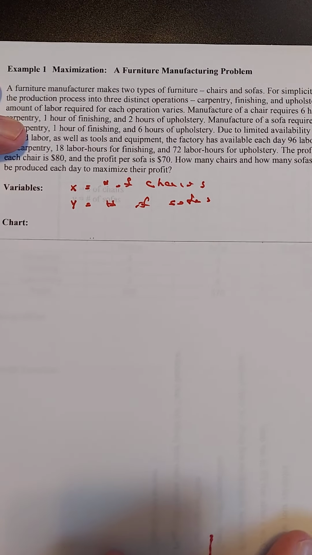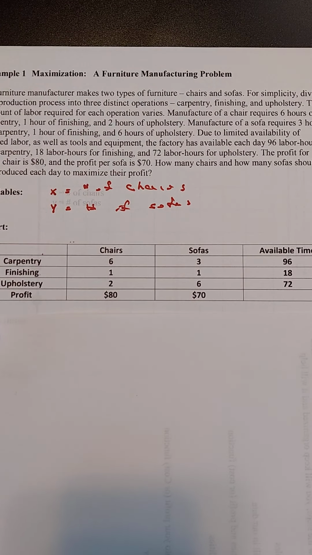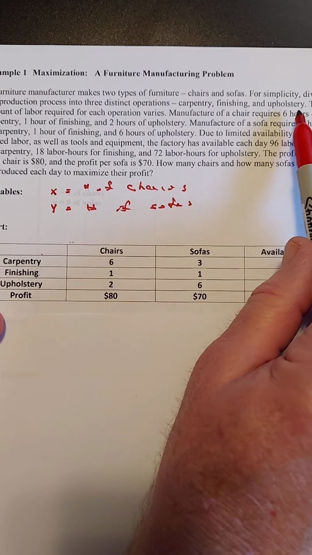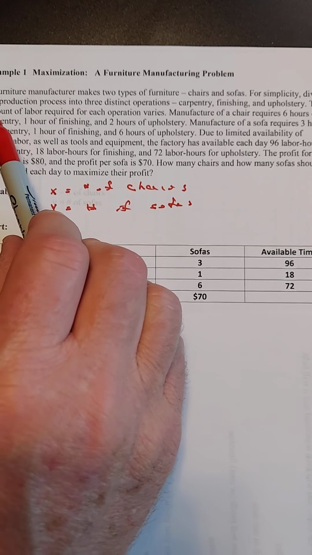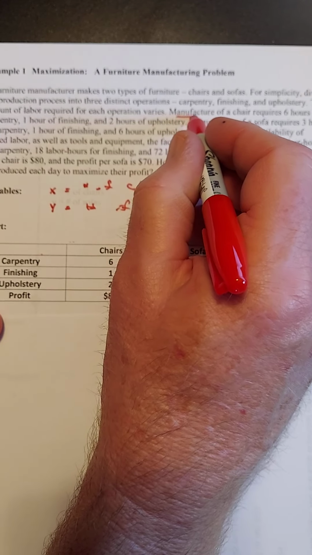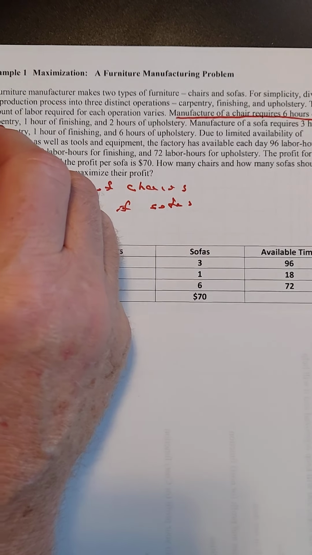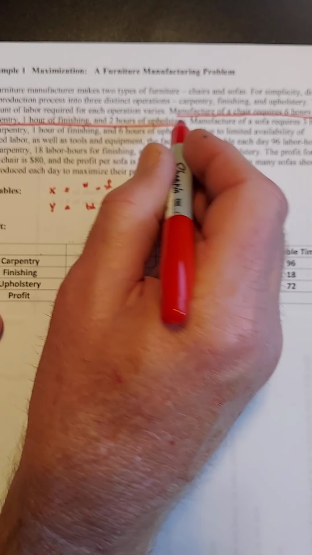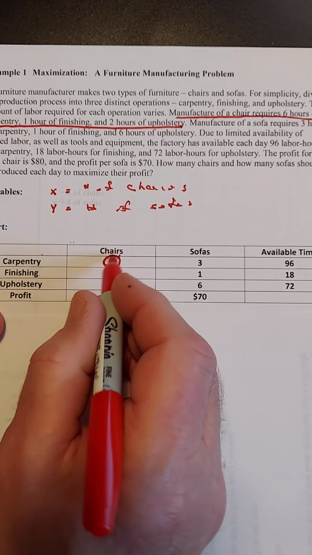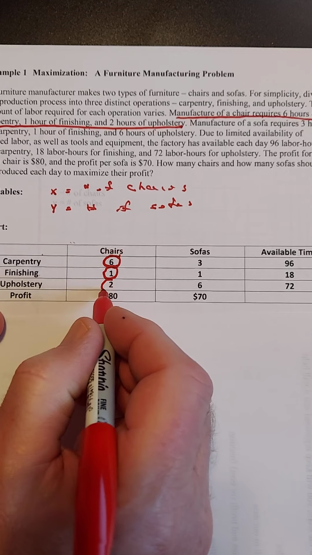Okay, now we're going to organize that data. I've already got it in here, but let's just take a look. All those numbers that I had up here. So as you go back up here to the top, the manufacturing of a chair requires 6 hours of carpentry, 1 finishing, and 2 upholstery. 6, 1, and 2.